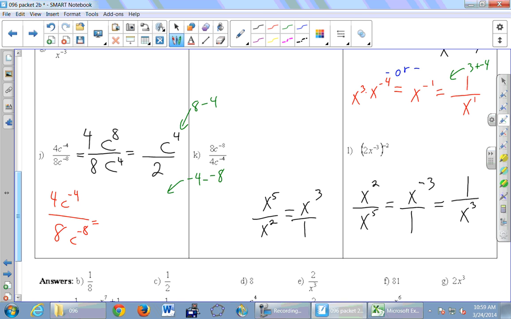And where are we going to put the answer? Up on the top, because that's where there are more of them, even though it's negative. So we get c to the, very carefully, how much is negative 4 minus negative 8? That's positive 4. So we just get c to the 4. And then we'll reduce the 4 and the 8 just like we did before. 4 and 8 cancel to make a half, and we get that.